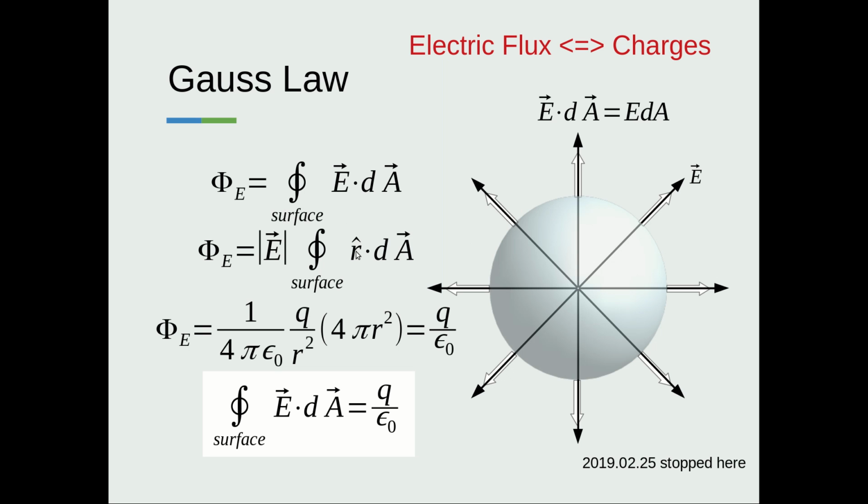And because we are calculating the electric flux, so we have an inner product with the vector A, this one, which is perpendicular to my surface. And the inner product here always gives us 1. Because cosine 0 is 1.